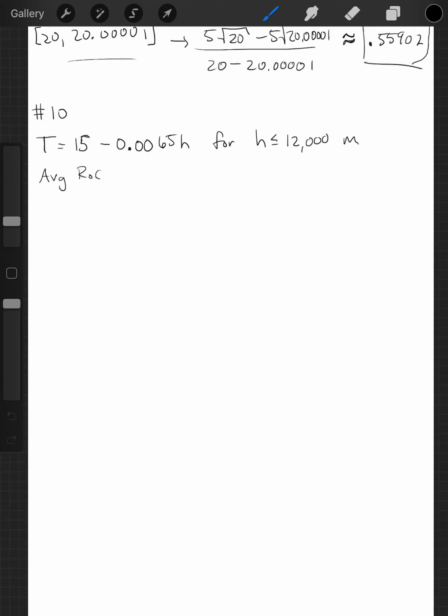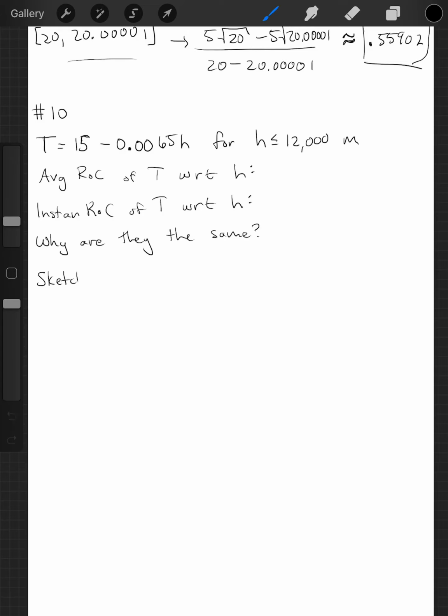It wants the average rate of change of T with respect to H. It wants the instantaneous rate of change of T with respect to H. And it kind of gives a clue as to what the answer is going to be, because the third question is, why are they the same? And the fourth thing is to sketch the graph.